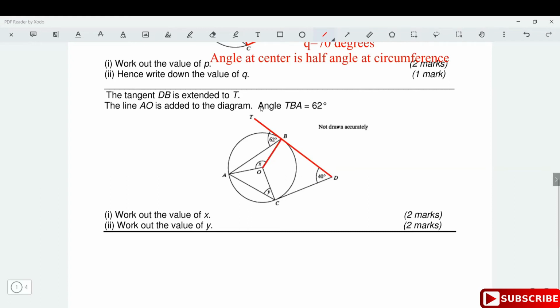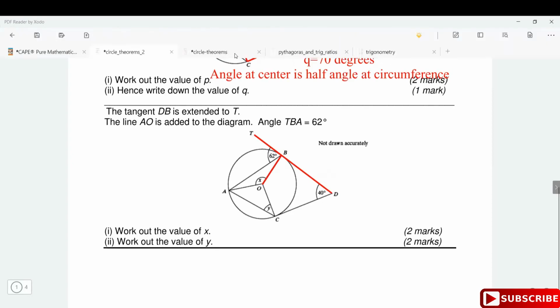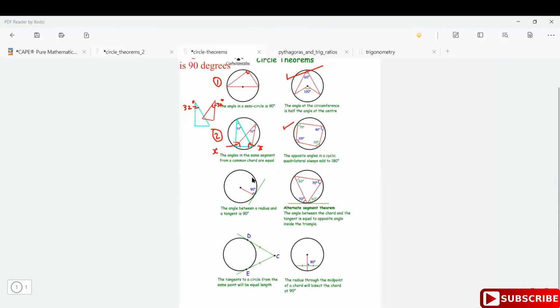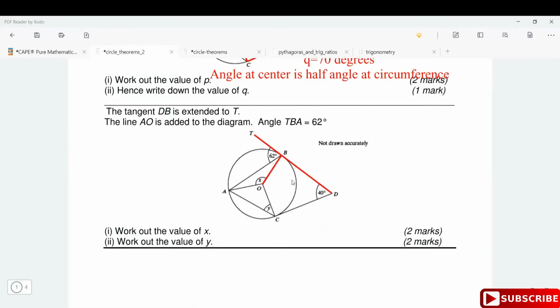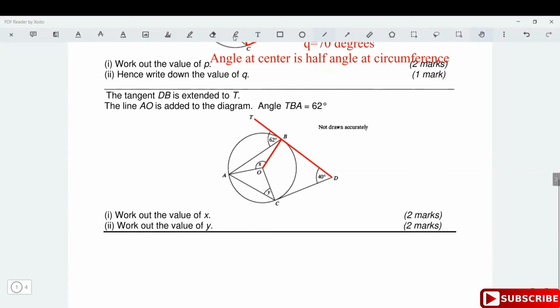Since the angle between the tangent and the radius is 90, and that stems from this theorem right here again, angle between tangent and radius. Since that is 90, we know that the angle 62 plus something right here, so we don't know what this little something is, we need to find it.